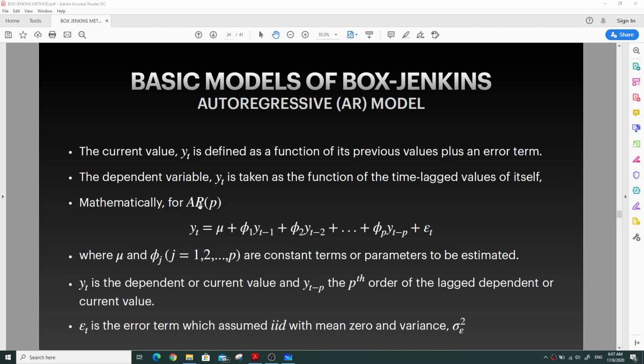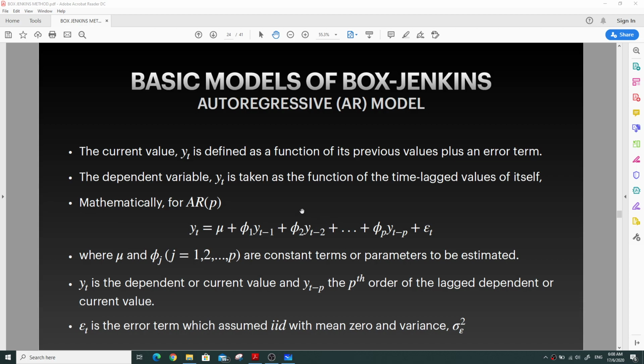Mathematically, we can write AR(p). Here p is how many past observations we add to the model to represent the current value.